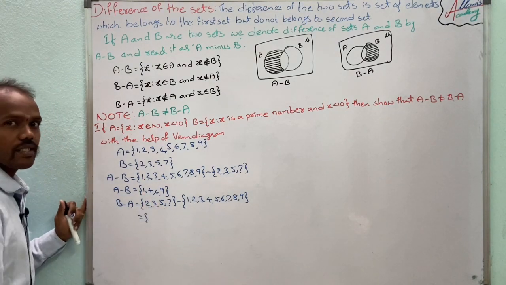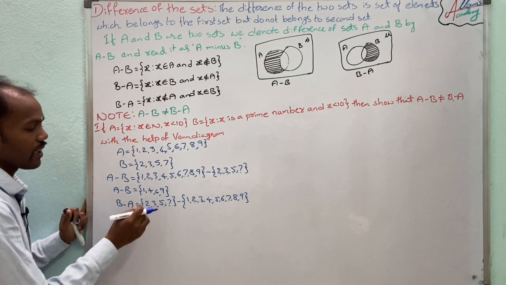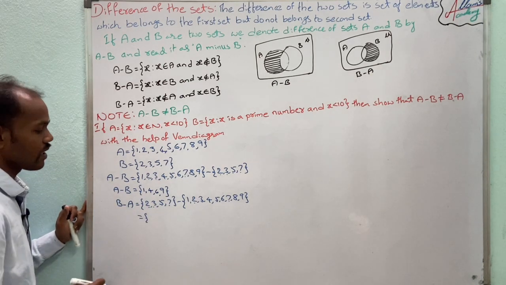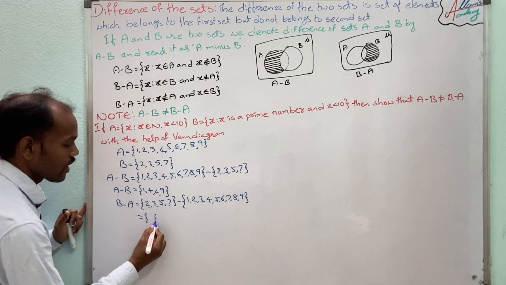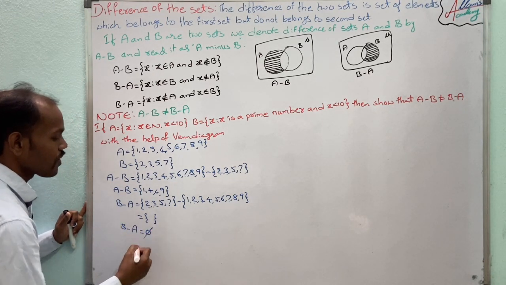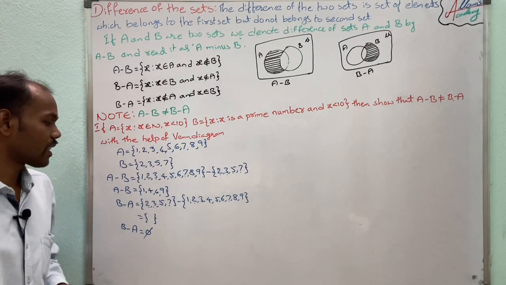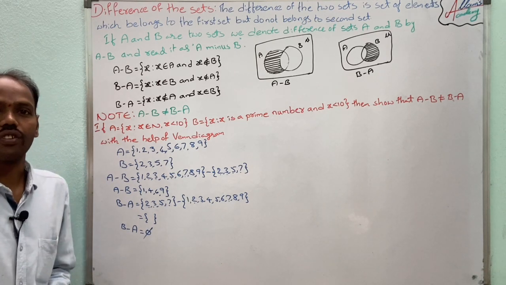Neglecting those, we take only what remains in the first set. Now what are the remaining elements? Not any element remains. So B minus A is equal to the empty set.